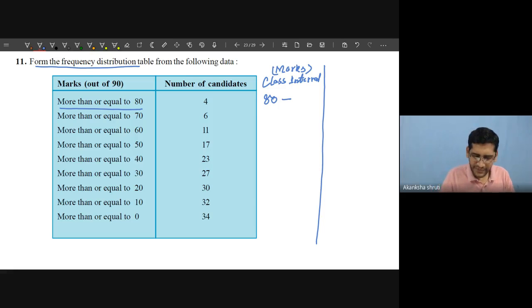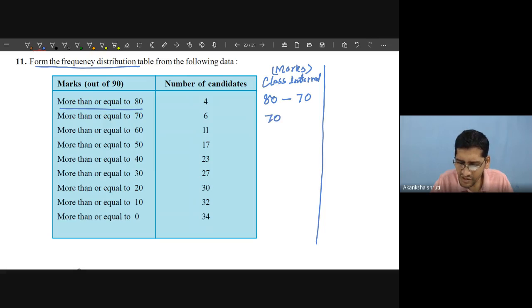What will be the upper limit? More than or equal to 70. Students, though it is written in reverse order, later on you may change the order also, don't worry about that. So it is more than or equal to 70, which means what we shall consider here? Up to 70.